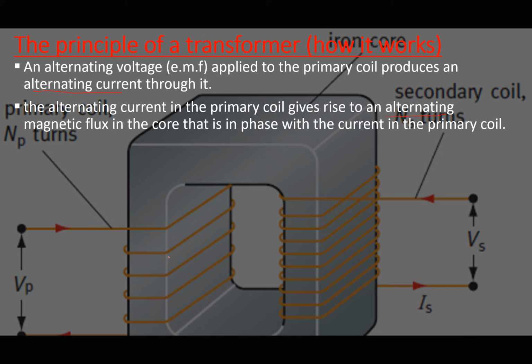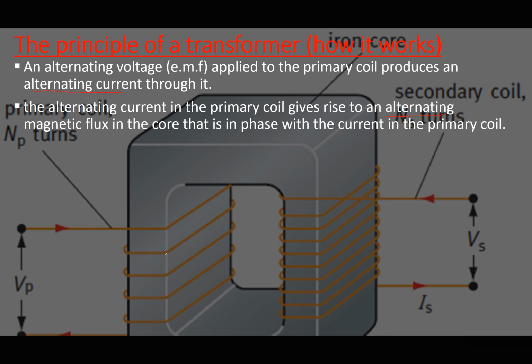So the magnetic flux will always change depending on the direction of the current. So we say they are in phase. So this side of our transformer, we have applied an alternating voltage. It has created an alternating current. The alternating current gives rise to a magnetic field around it, which is changing.